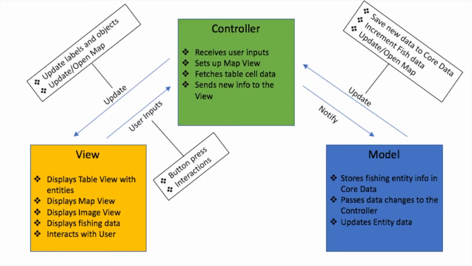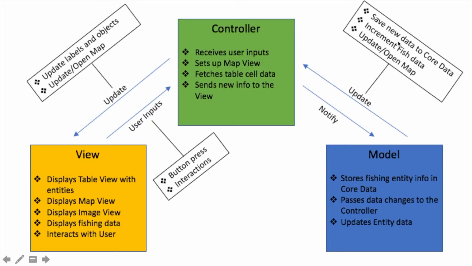And this is my MVC diagram, and it basically says the same thing, just that the controller updates the view by sending new information to the labels and objects, as well as the map, and how the model updates the controller by saving new data to the core data.